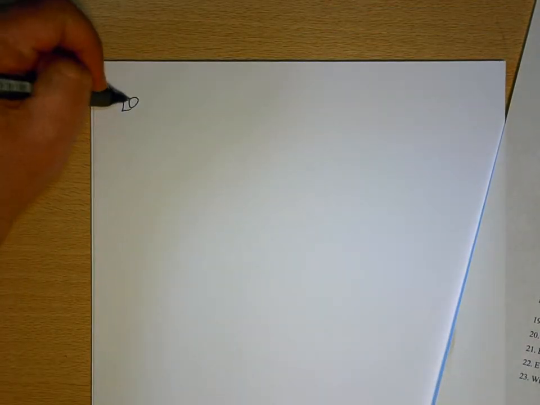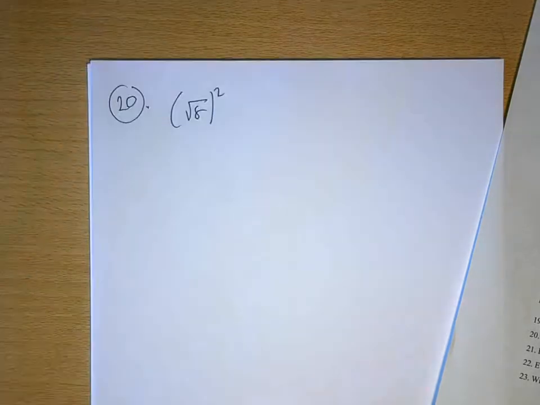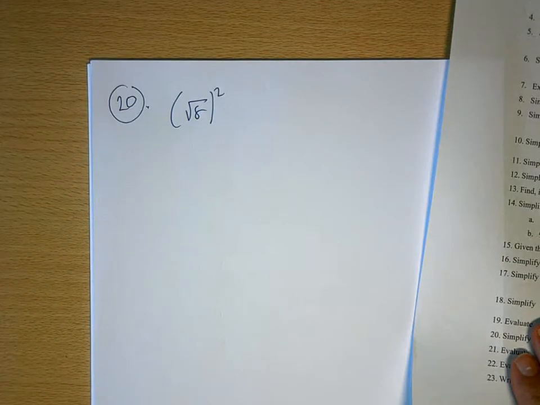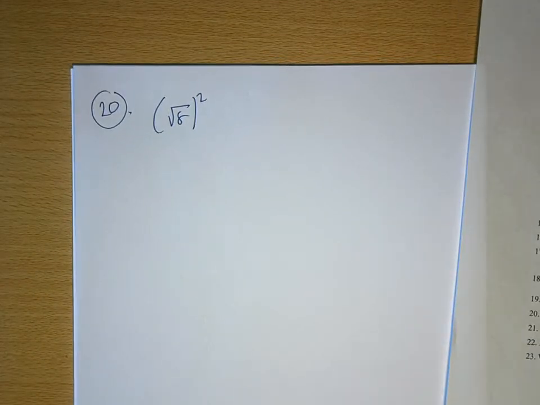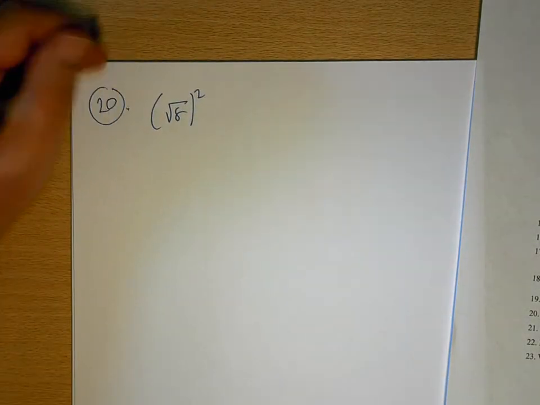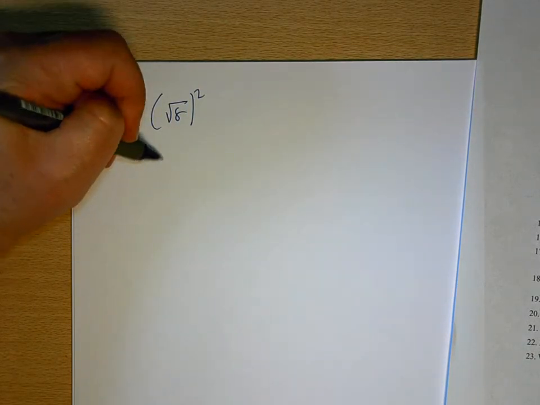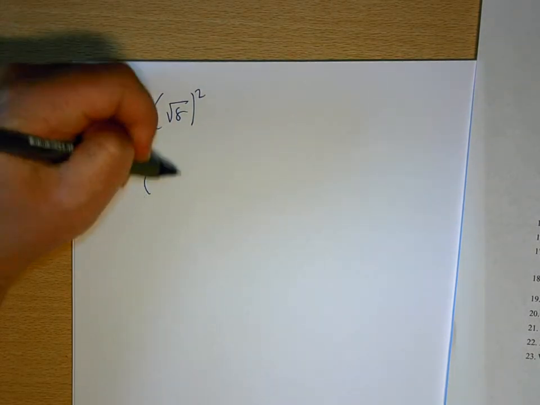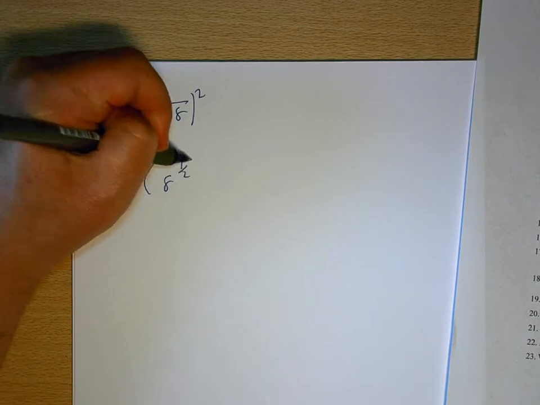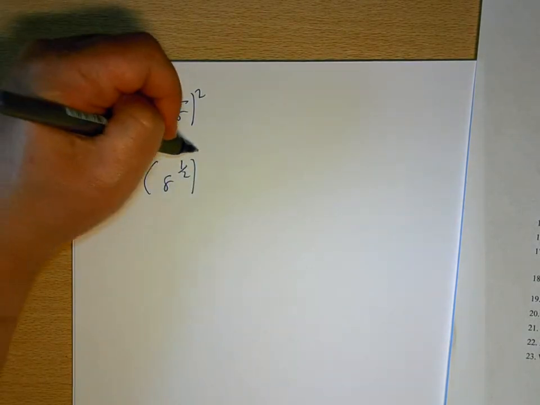Number 20. Okay, so what we've got here is we need to evaluate the square root of 8 squared. Well, the square root of 8 I can write in index form as 8 to the power of a half, which I'm going to square.